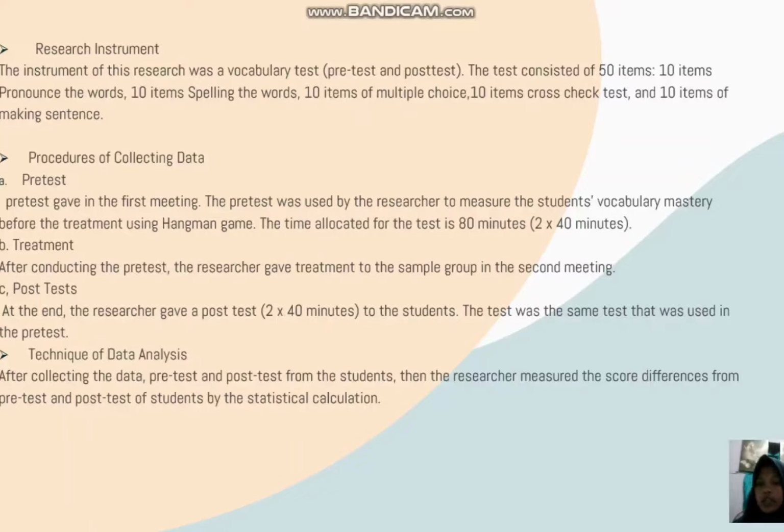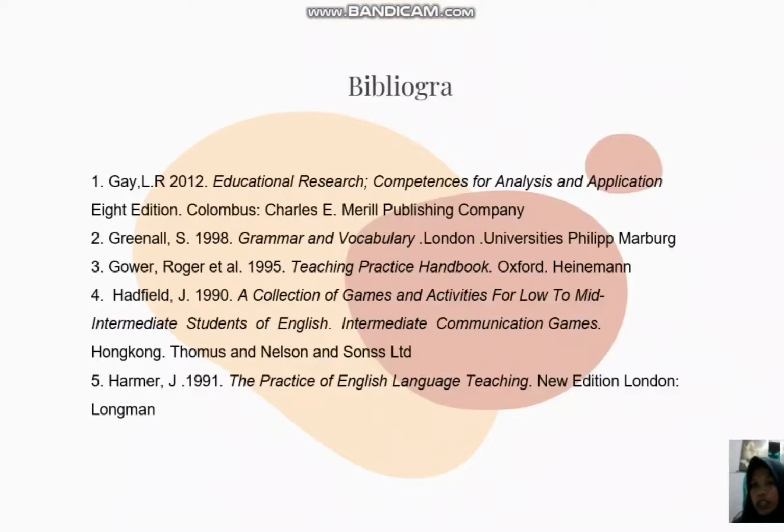The test was the same test that was used in the pretest. And the last is technique of data analysis. After collecting data, the pretest and the post test from the students, the researcher measures the score differences between the pretest and the post test of students by statistical calculation.